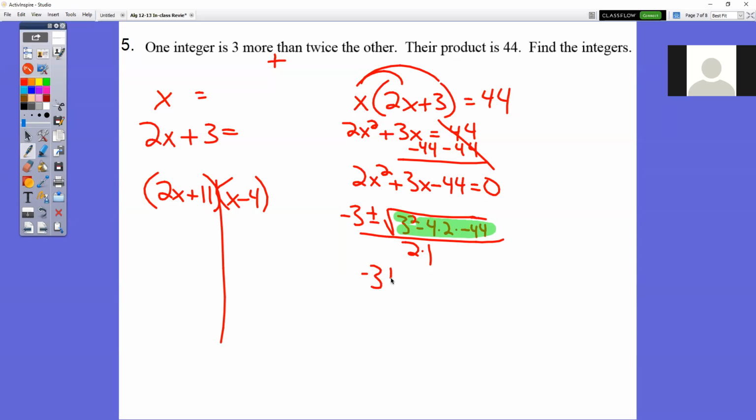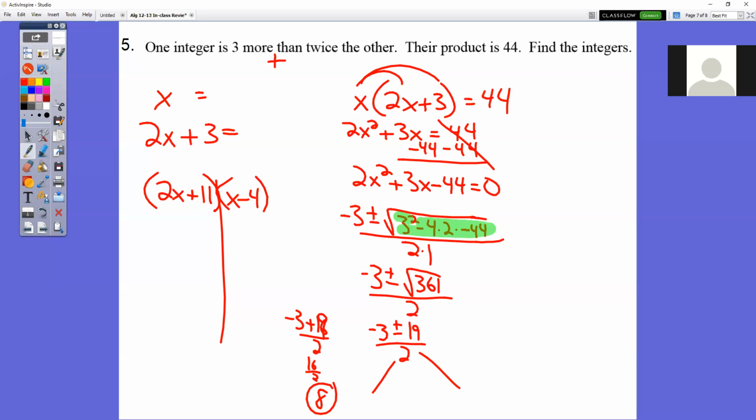So negative 3 plus or minus, when you type that into the calculator, you get the square root of 361. 361 is actually a perfect square. You wouldn't guess that it is, but it's 19. So this is negative 3 plus or minus 19 over 2. Split it. So we have negative 3 plus 19 over 2. 19 plus negative 3 is 16. 16 divided by 2 is 8.